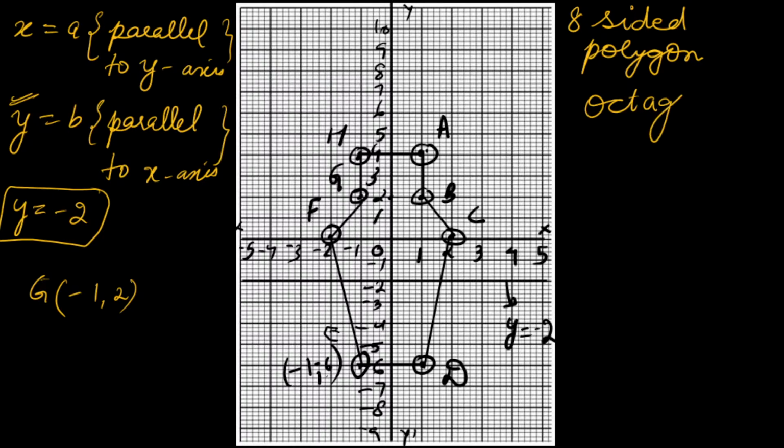Navya has answered octagon. Yes. You can write 8-sided polygon, but if you know the names, like we know a 4-sided figure is a quadrilateral, 5-sided is a pentagon, 6-sided is a hexagon, 7 is a heptagon, 8 is an octagon. So you can write these names also.